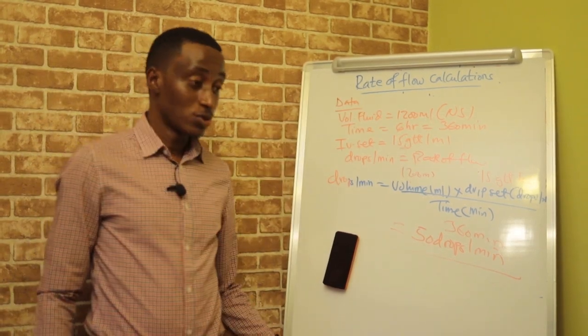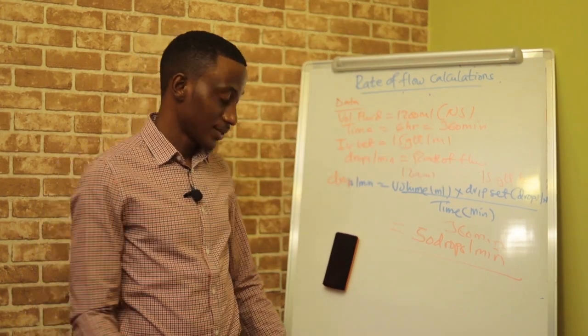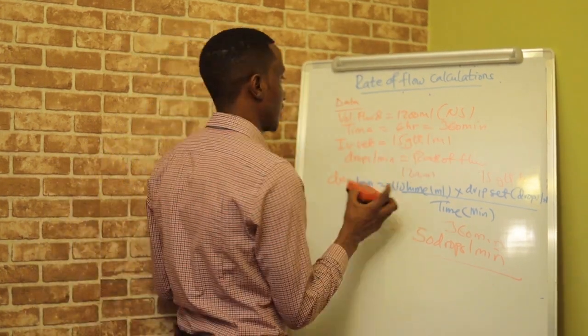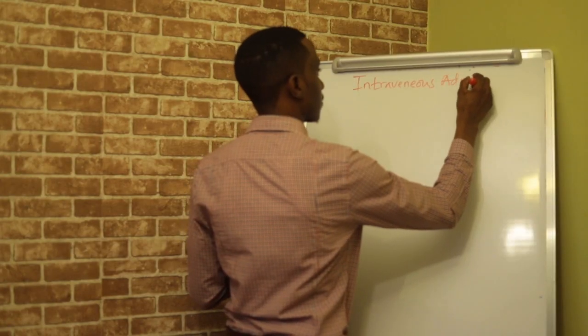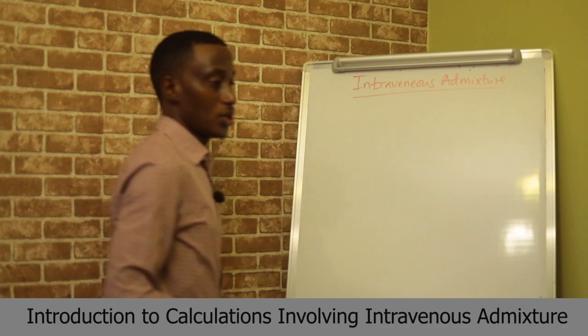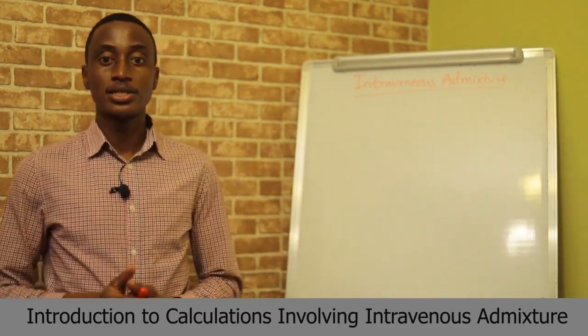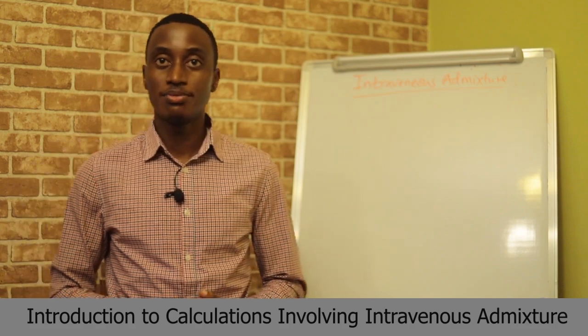Let's go to the other concept of intravenous admixture, and this will be our last part. Admixtures are substances which are added into infusions to be delivered to the patient.